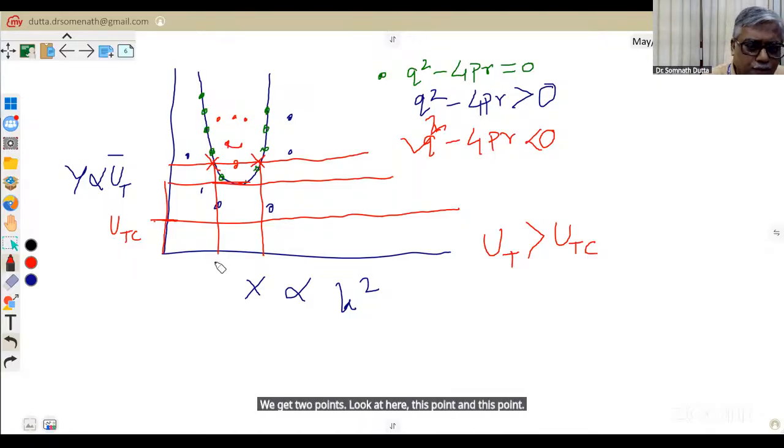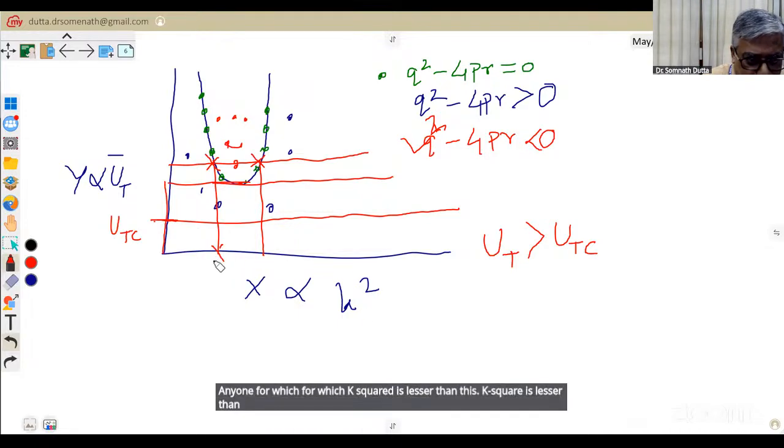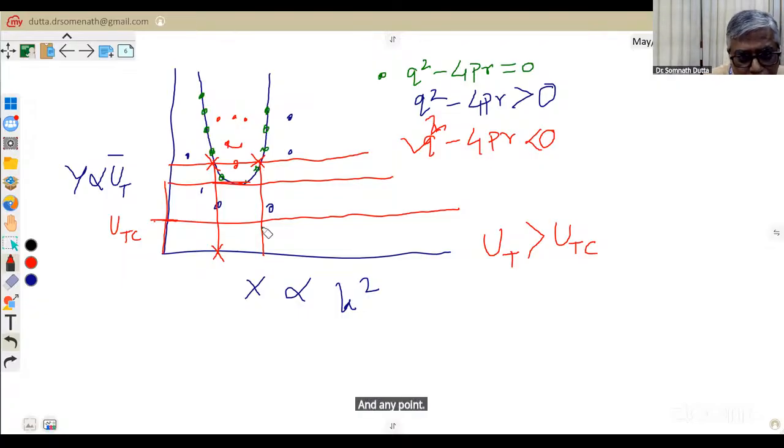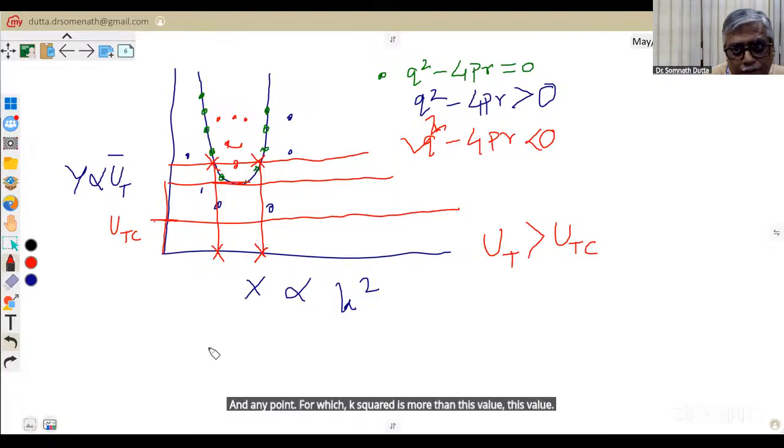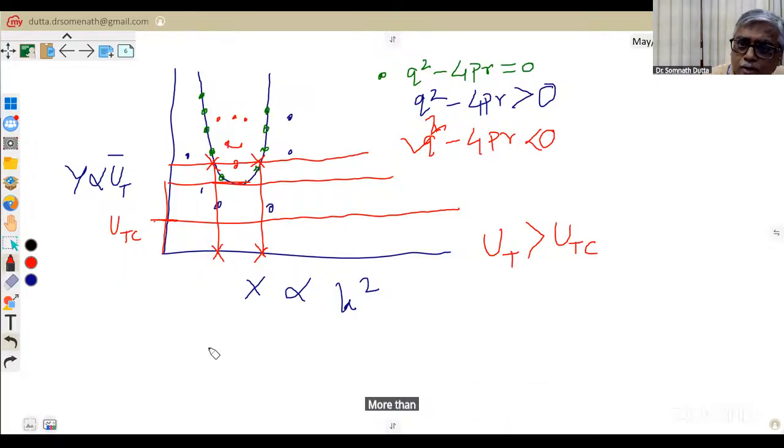Any point for which k square is lesser than this value belongs to outside, that means they are stable. And any point for which k square is more than this value will also be baroclinically stable.